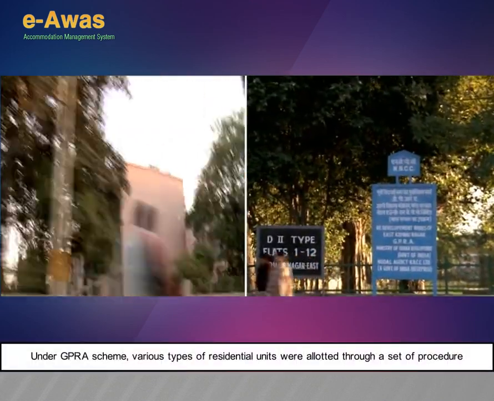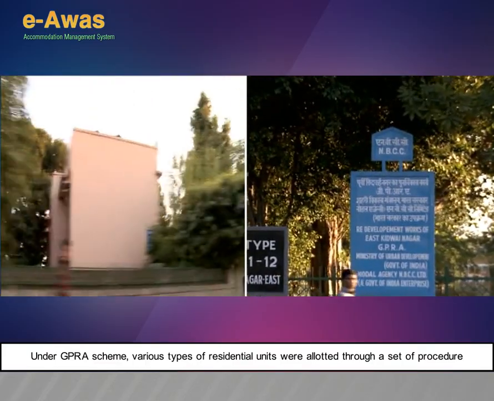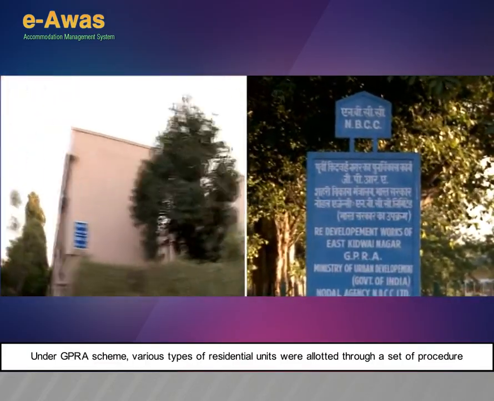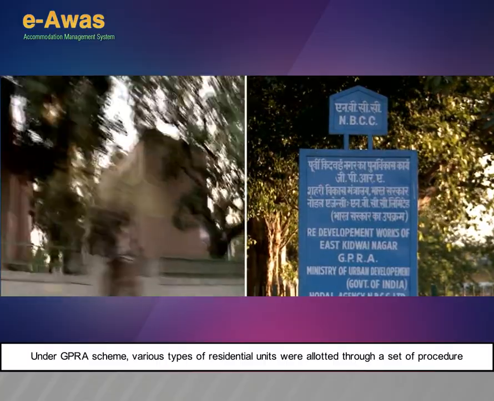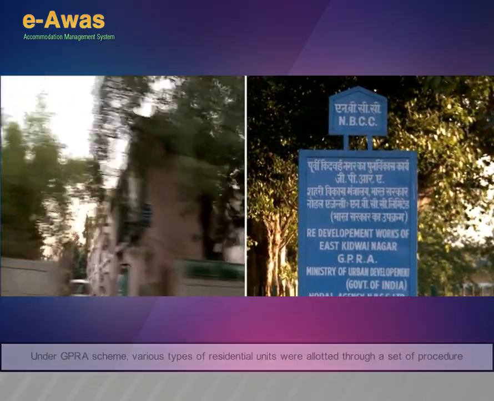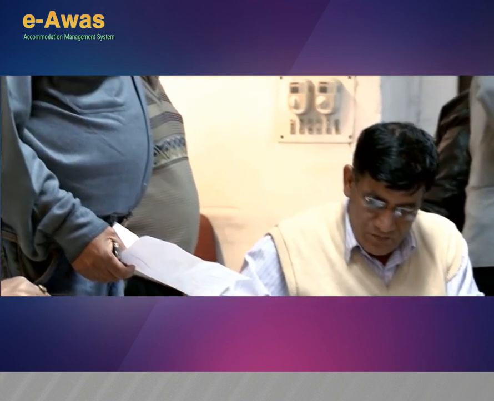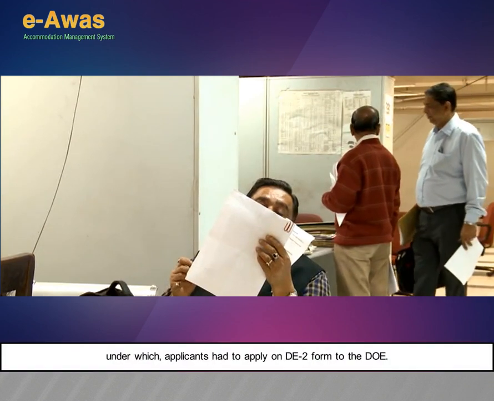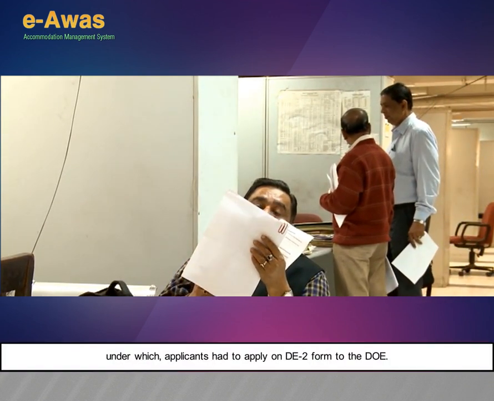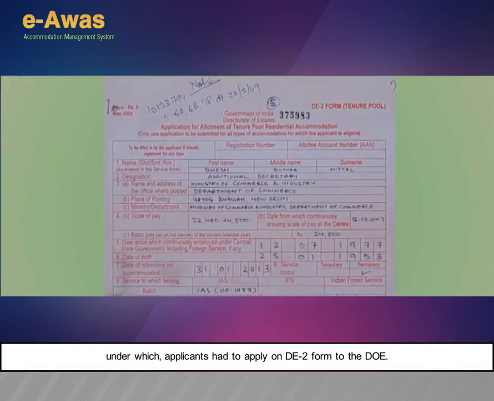Under the GPRA scheme, various types of residential units were allotted through a set of procedures under which applicants had to apply on the DE2 form to the DOE.